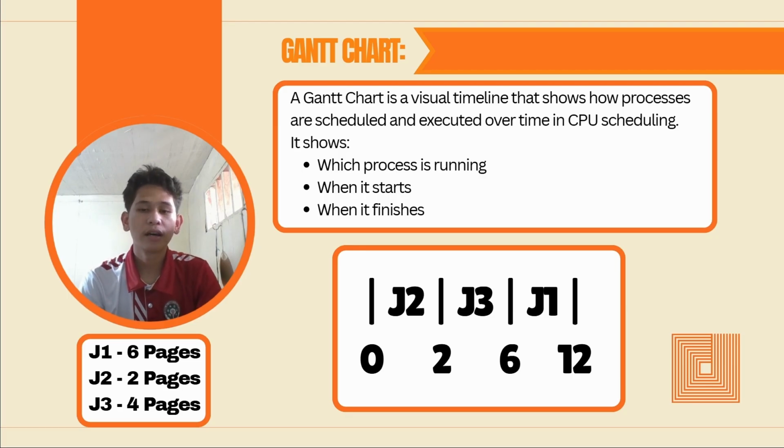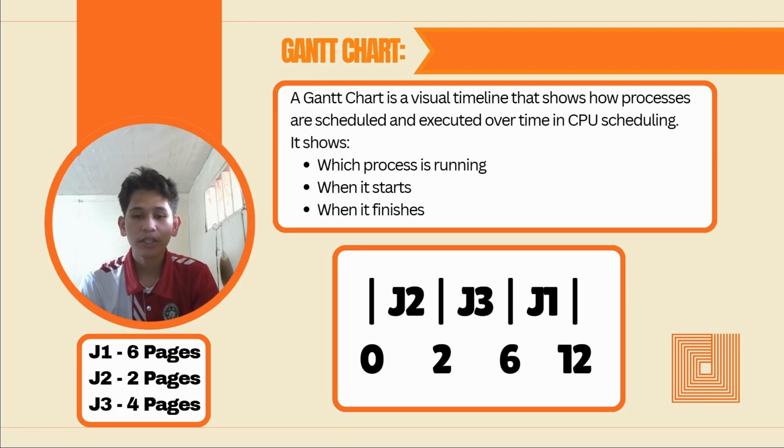To better understand how shortest job first, or SJF, works, consider 3 print jobs that all arrive at the printing shop at the same time. J1 has 6 pages to print, J2 has 2 pages, and J3 has 4 pages. Since all jobs arrive at the same time, the printer selects the job with the fewest pages first.